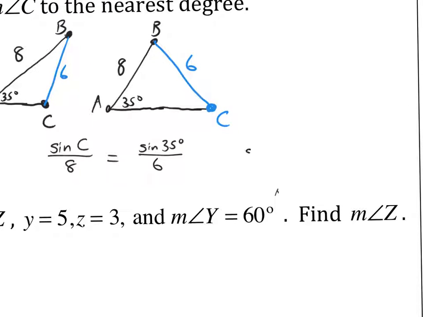Continuing on, remember that the sine of C is equal to, I'm going to multiply these and divide that. So 8 times the sine of 35 divided by 6. After we figure out what this is, we have to inverse sine. So the sine of C is approximately 0.7648.